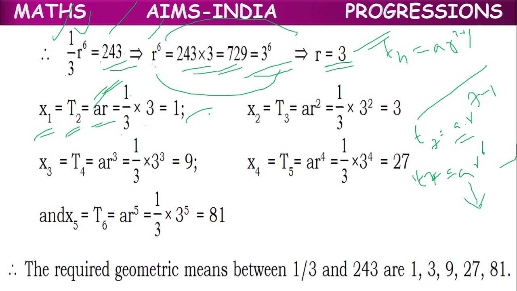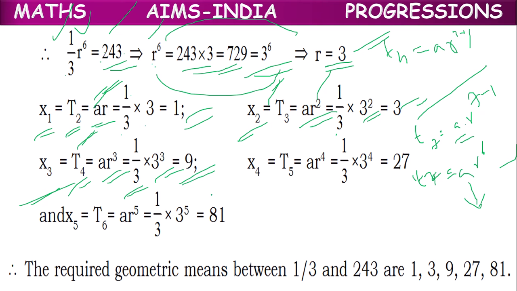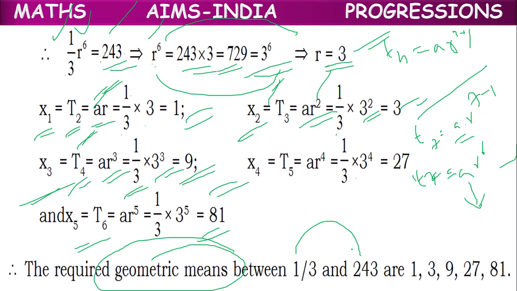So 1 by 3 into r, 1. x2 means T3, or ar square. 1 by 3 into 3 square, 3. x3 means T4, ar cube. 1 by 3 into 3 cube, 9. x4, 27. x5, 81. Like that, we can find the required geometric means between 1 by 3 and 243, and they are 1, 3, 9, 27 and 81.